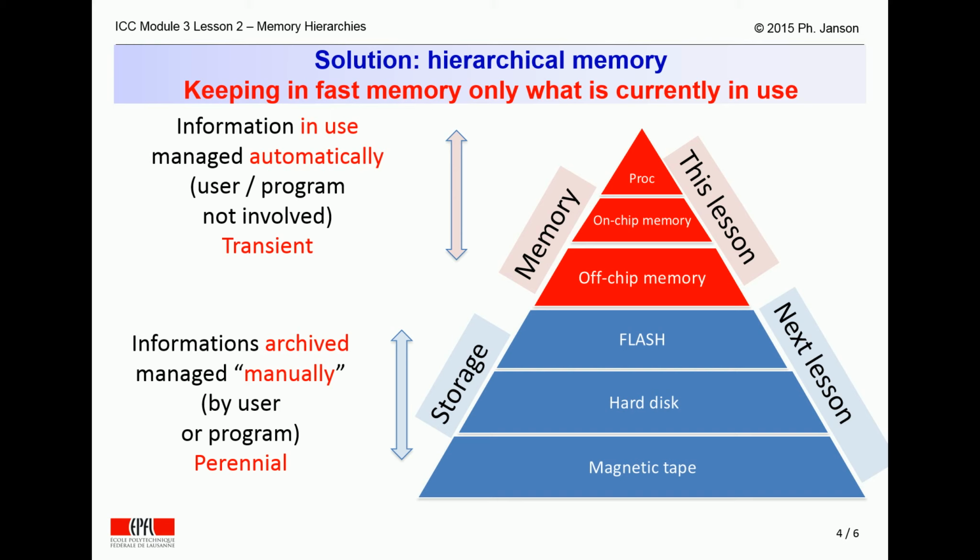The high levels are then managed to always keep in them information that is currently in use by the computer, by the processor, while leaving in the lower storage layers information that is not currently needed.